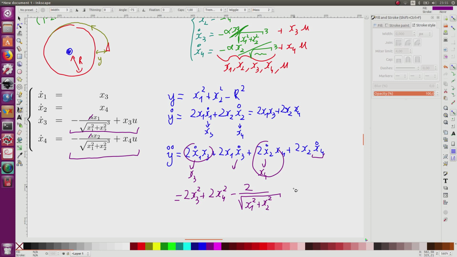and I will obtain also due to u plus 2 x1 x3 plus 2 x2 x4 times u.